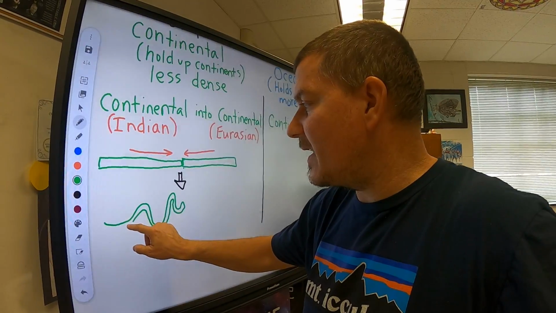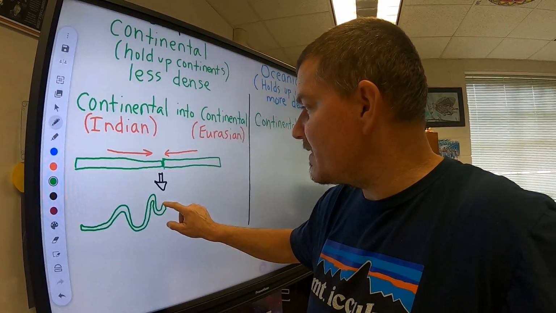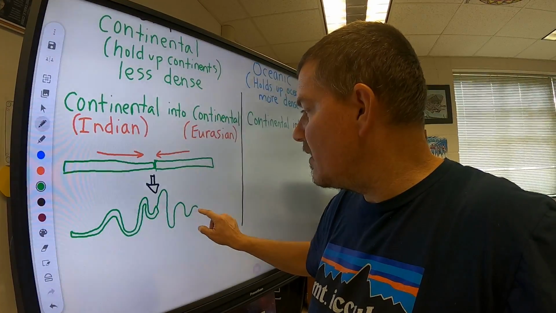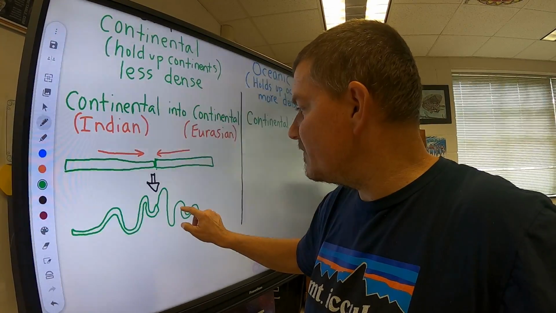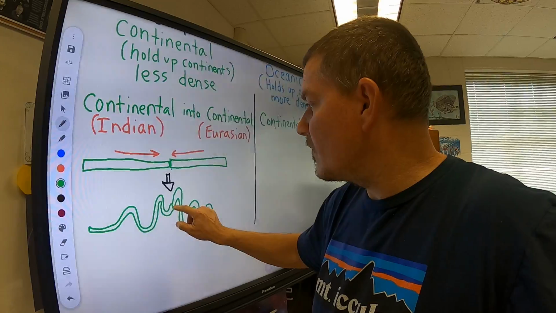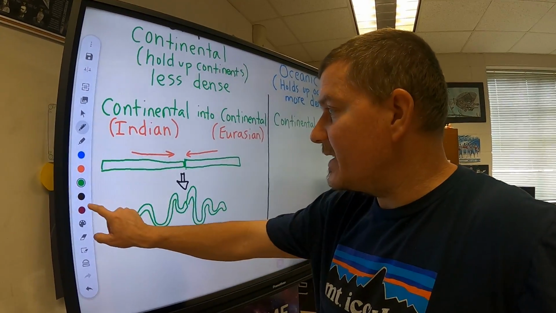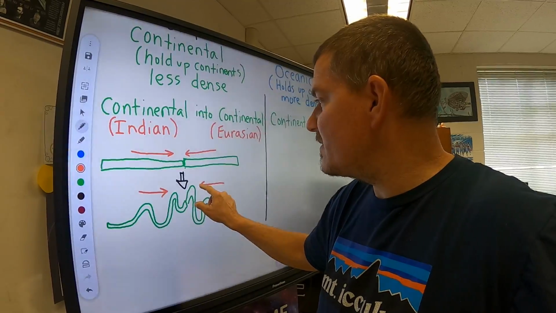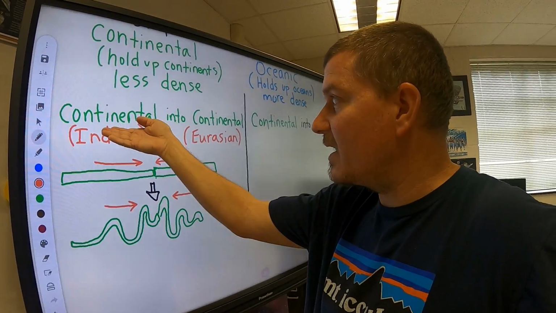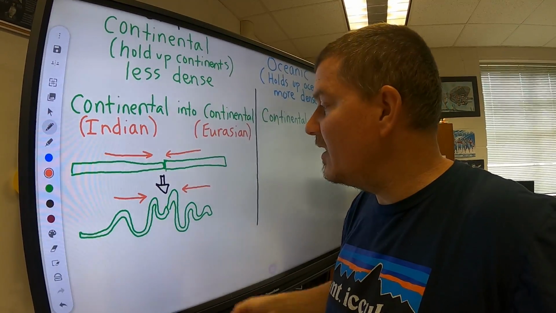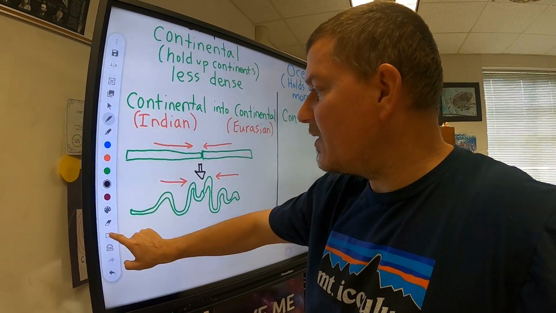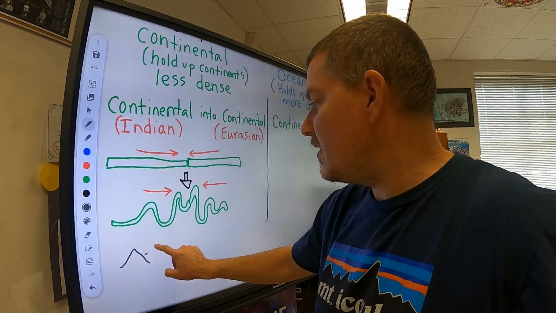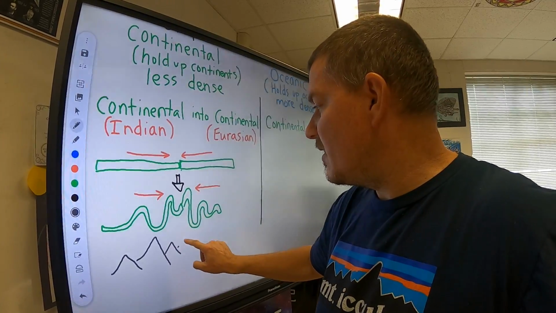trying to kind of draw it like that foam pieces that I was just showing you, and the other plate gets folded up also. So there we have our two plates coming together, crashing together, pushing equally on each other because they are of equal density, being continental into continental, and the ultimate result of this is going to be the formation of huge mountain ranges.